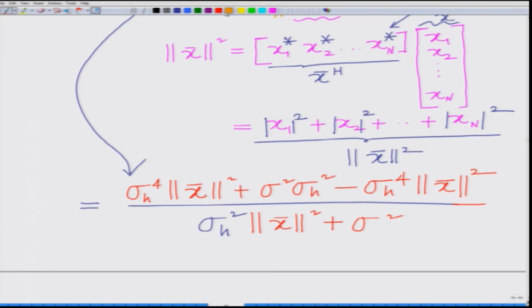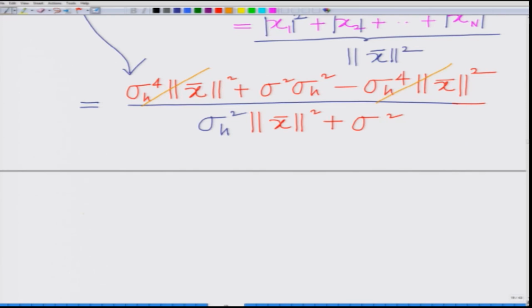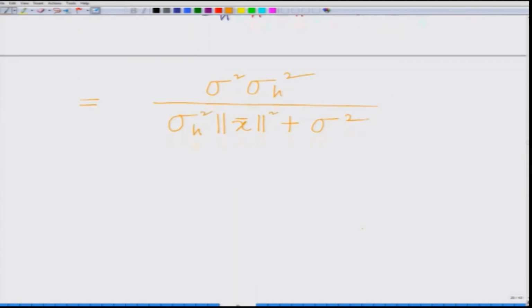And you can see the sigma h power 4 norm x bar square terms cancel, and what you are left with is sigma h square times sigma square divided by sigma h square norm x bar square plus sigma square. And now, alright, we have this expression.